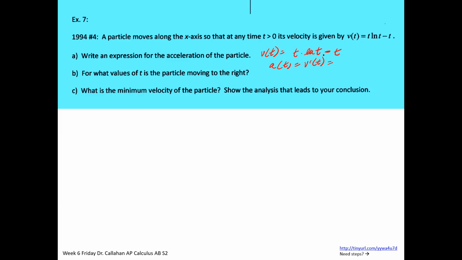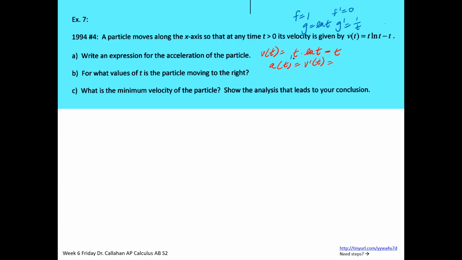So then what is the derivative of this going to be? Well, let's go ahead and apply the rules here. I'm going to have a product rule right here. So then my f is going to be 1, my g is going to be ln t, and so then f prime is going to be 0, and g prime, the derivative of ln t, is just 1 over t.